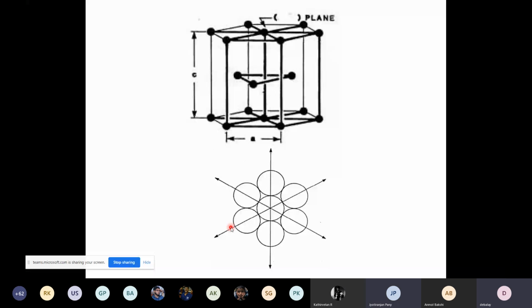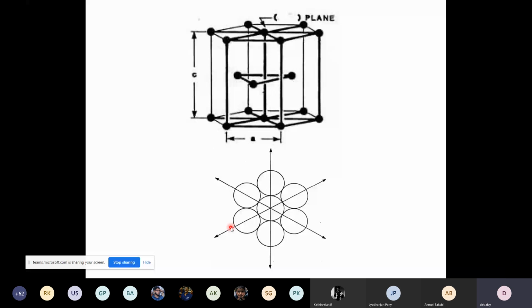So one step movement along any of these 3 directions. And there is no rise in height, right? So in 1 1 2 bar 0, that 0 means there is no change in height. It's not moving upward. Movement is happening on the basal plane.